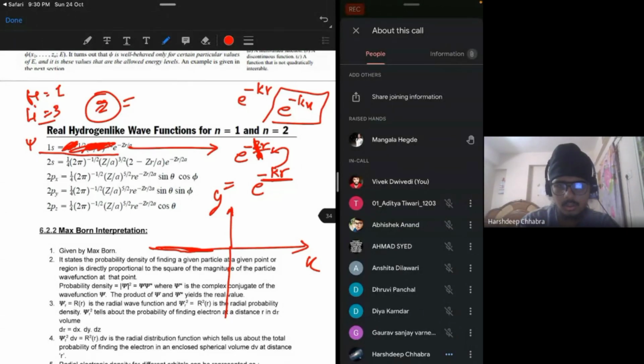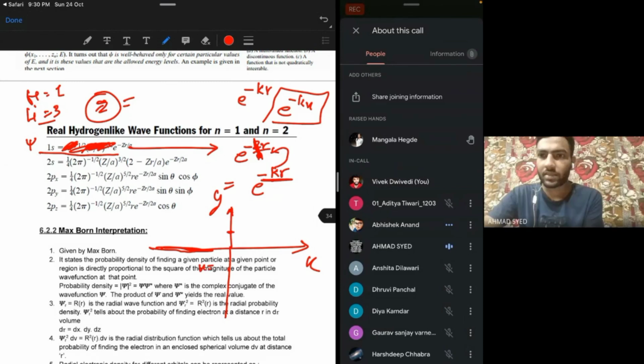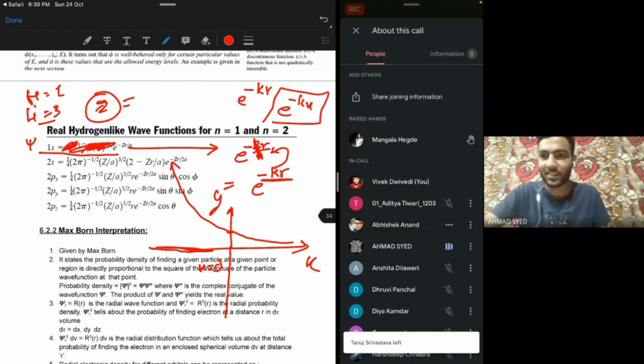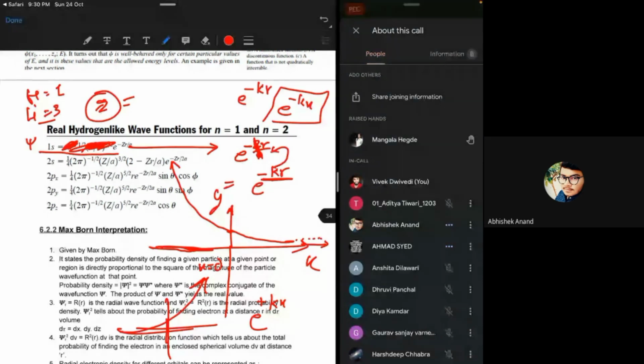Since k is multiplied, it should stretch along the x-axis. The graph of e power minus kx is just the mirror image of e power plus kx. Yes, this is what you get.